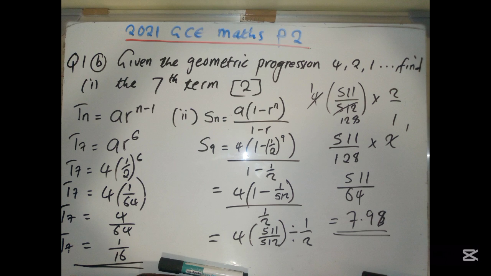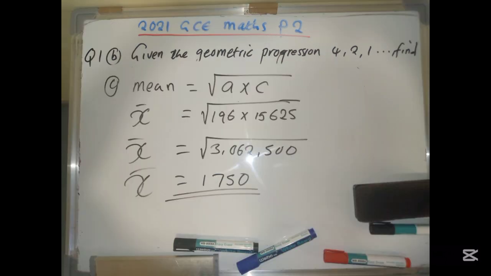But remember, now we have 511 divided by 64. So how many times does 64 go into 511? 64 into 511 goes 7.98 times. So we are done.